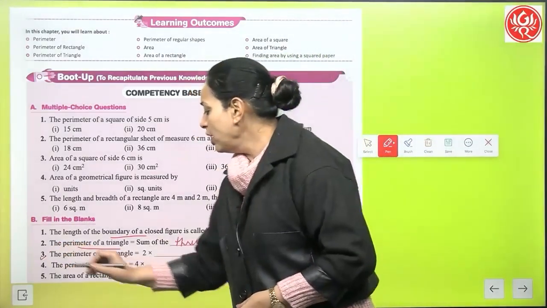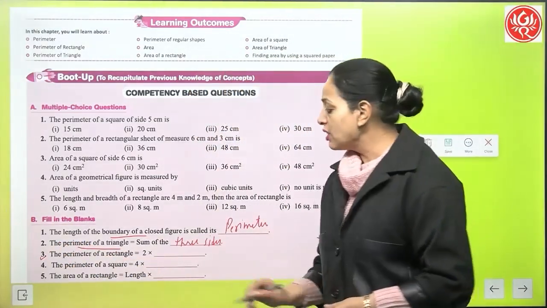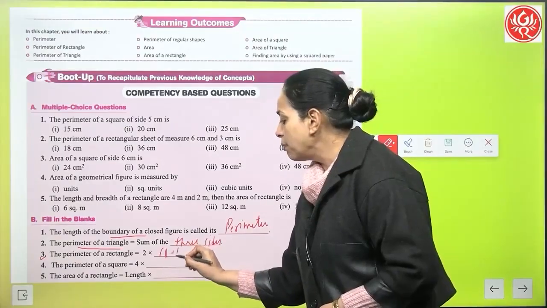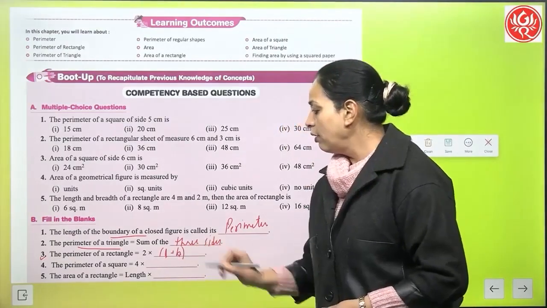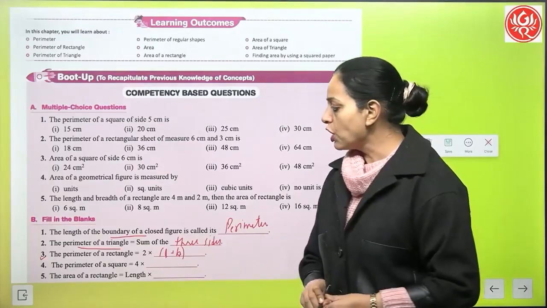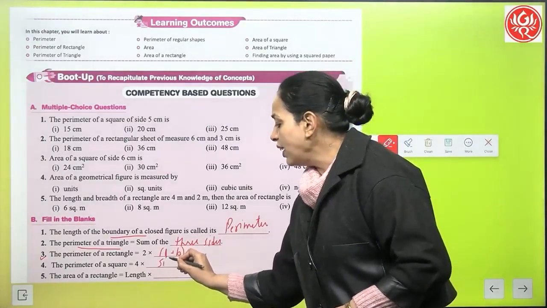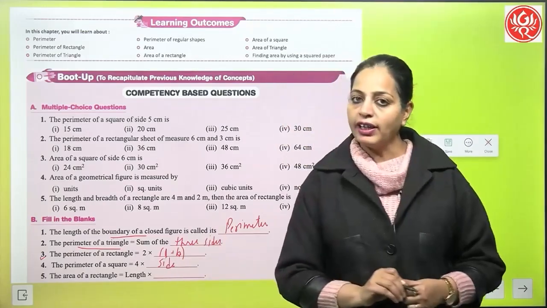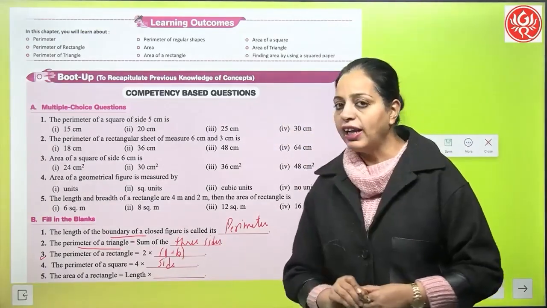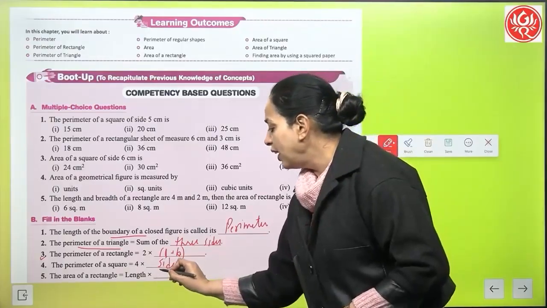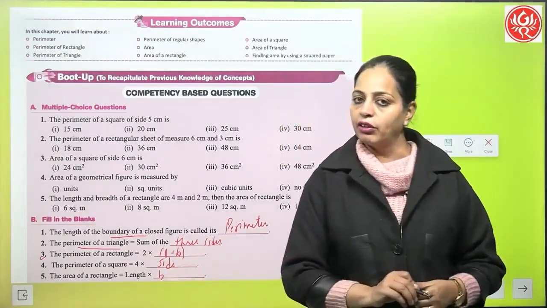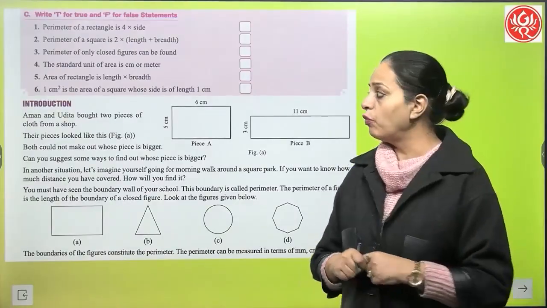Now question number 3. The perimeter of a rectangle is 2 into (L plus B). Okay? Now the fourth question. The perimeter of a square is 4 into side. Fine. Now the fifth one. The area of a rectangle is length into breadth. Okay? So very simple and very easy.